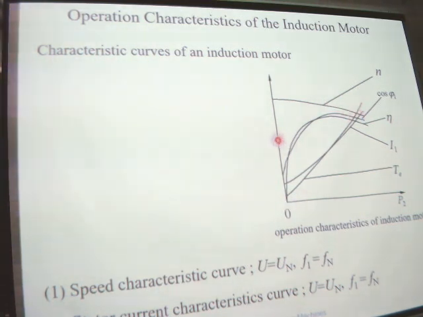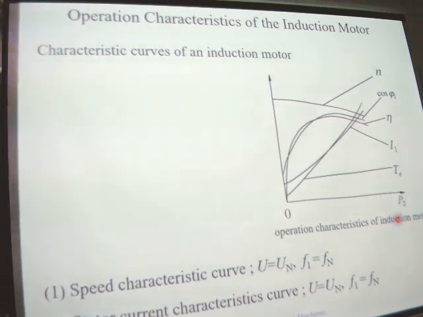And the second line is the stator current, the I1.